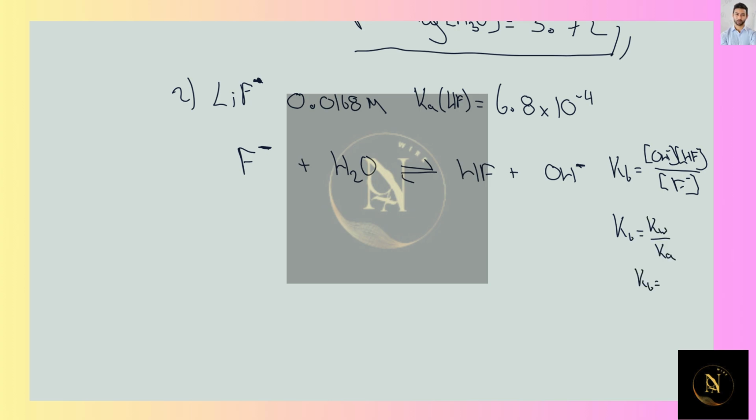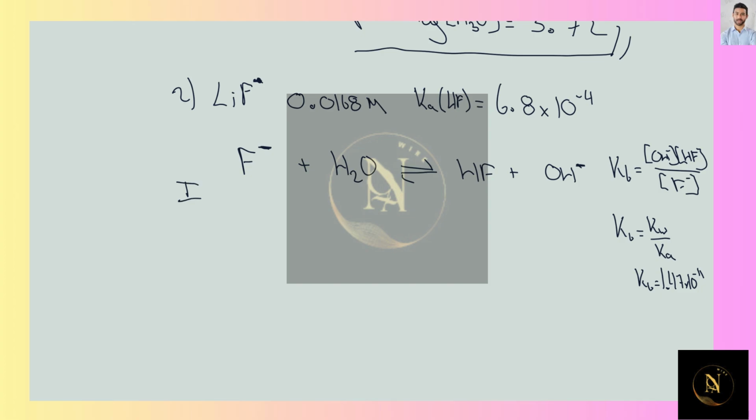Thus, Kb is going to be 1 times 10 to the minus 14, that is the value for Kw, divided by the value of Ka that I have, which is 6.8 times 10 to the minus 4, giving us 1.47 times 10 to the minus 11. Again, we have a very small value.